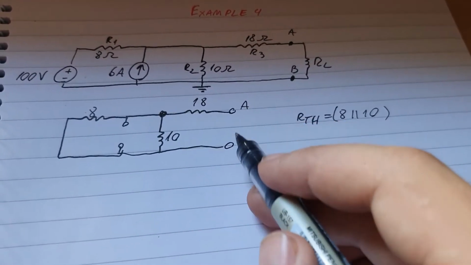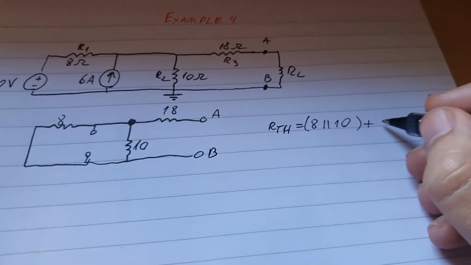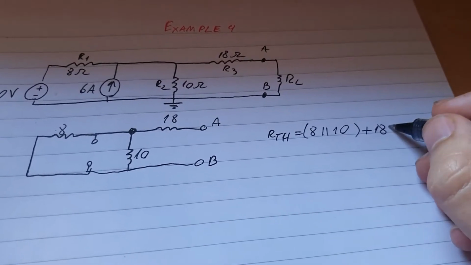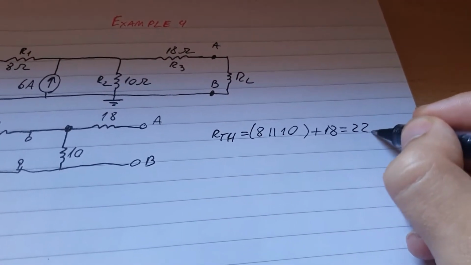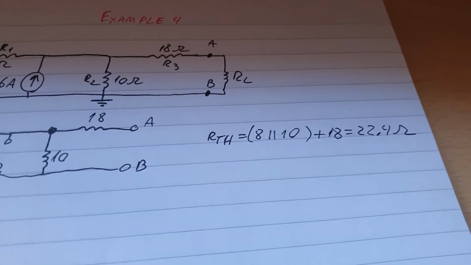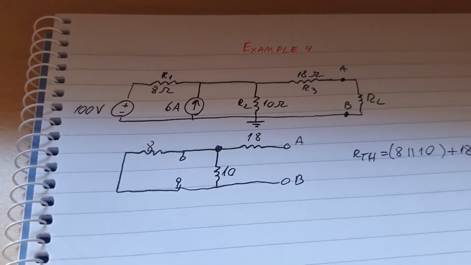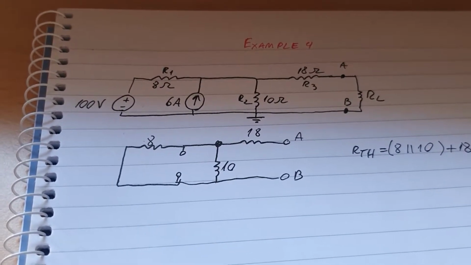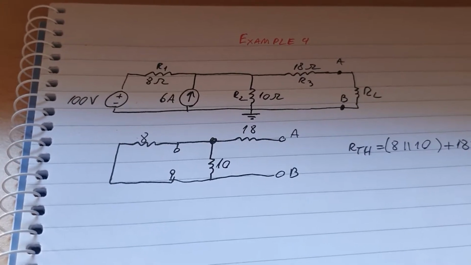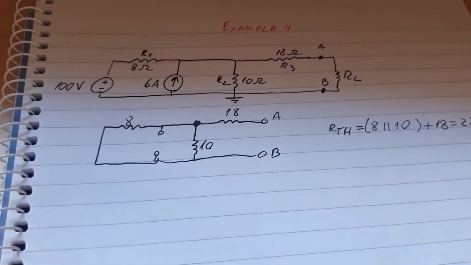And because this is kind of a short in here, it will go nicely, so that'll be plus 18, and that will give us 22.4 ohms. Really simple so far. When it comes to RTH, it doesn't really matter how many sources you have, since you make all of them 0 and you literally just use the resistances to calculate.